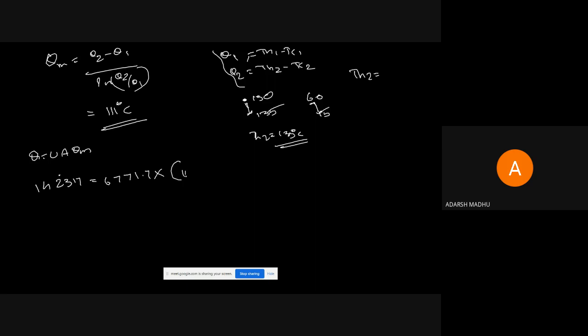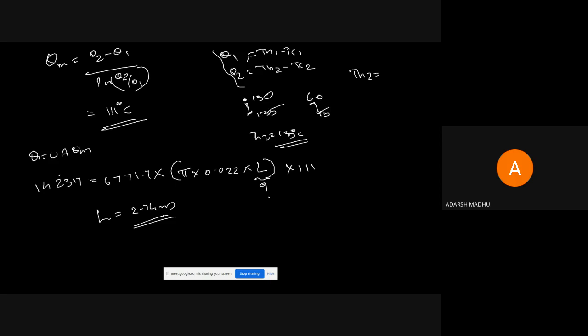Area is pi d l, that is pi into 0.022 into L, into theta m, 111. The only unknown value will be L. By solving this equation, you will get the L value as 2.74 meter.